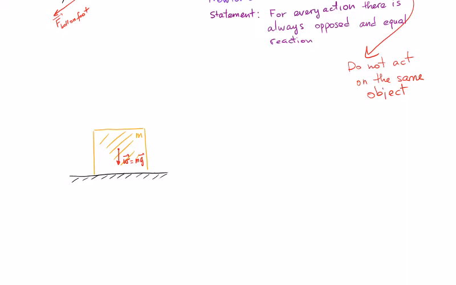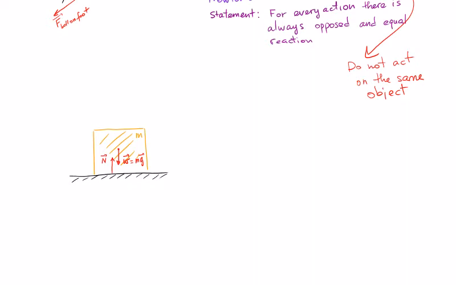So we have to have the force, the table exerting an upward force on the block. We call it normal force, so that it will cancel out the weight. If it didn't, then the block would start accelerating.